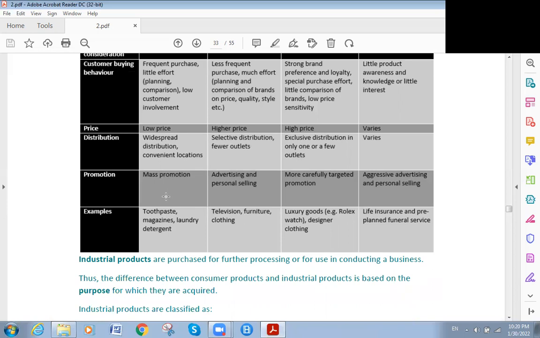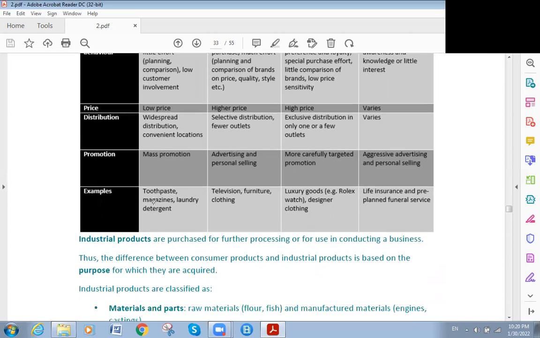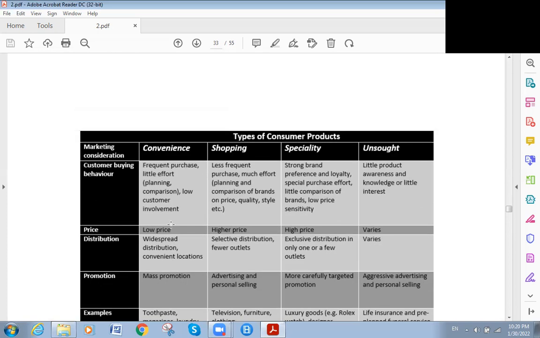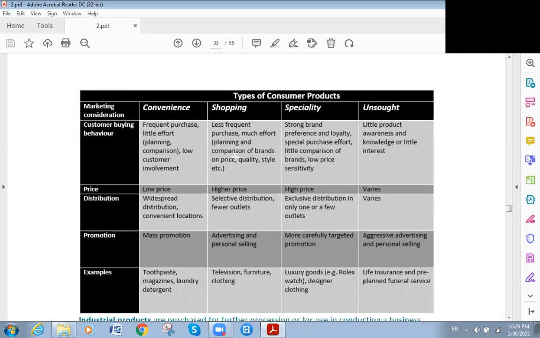Mass promotion, yes, it needs a lot of advertising so that you will know one brand from another, or you will go and look for a particular brand. For example, detergents: you go and buy Ariel or Persil or whatever, so you know what you're buying. Toothpaste, magazines, laundry detergents are examples of the convenience.